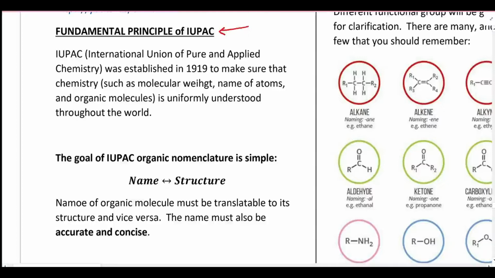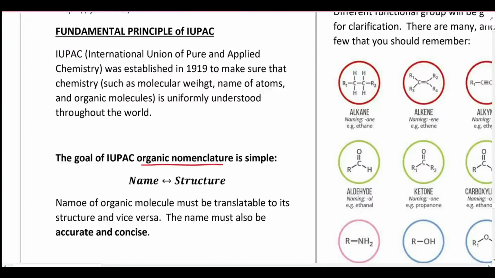IUPAC is short for International Union of Pure and Applied Chemistry. Essentially, it's established so that we can have standardized names, molecular weights, atoms, and so on, internationally. And one of the things it establishes is how to name an organic molecule.